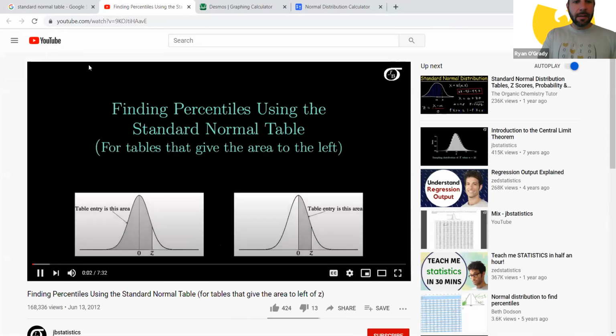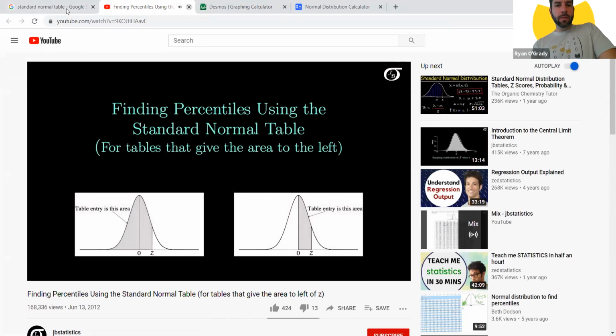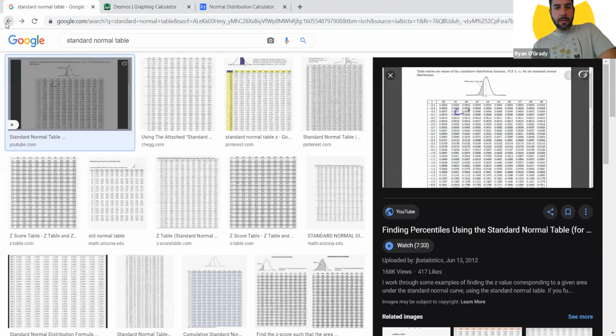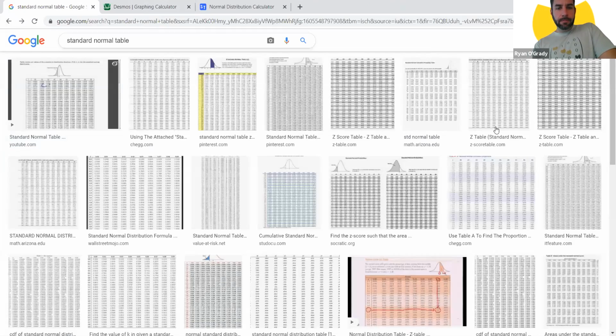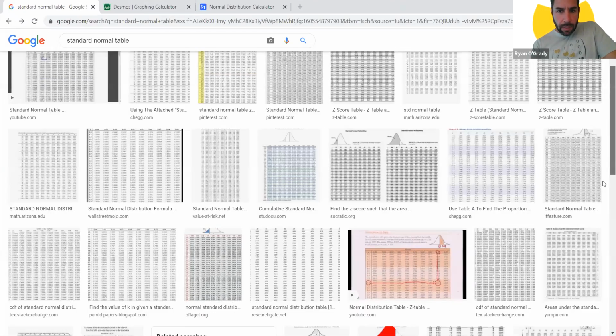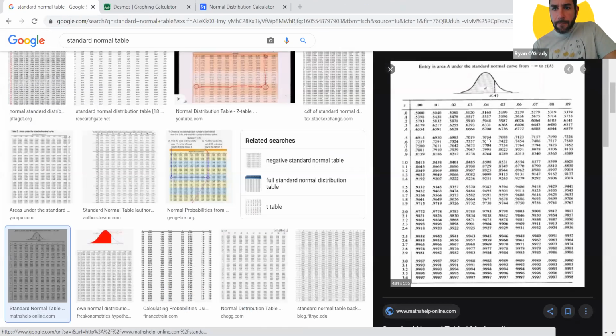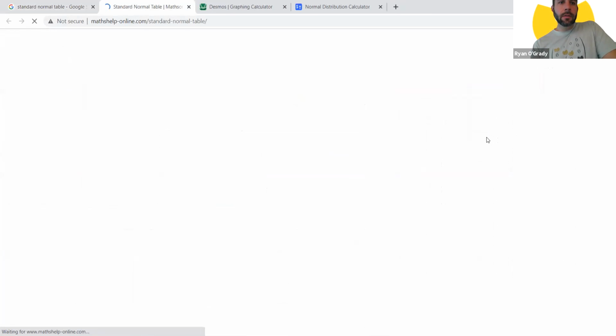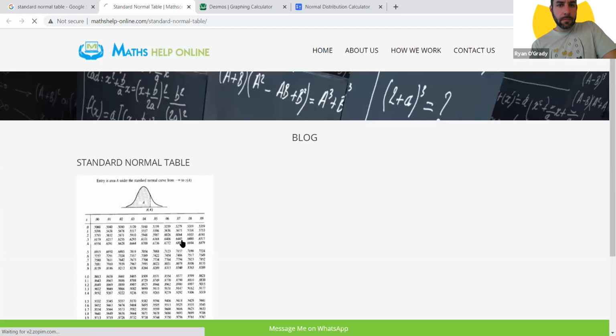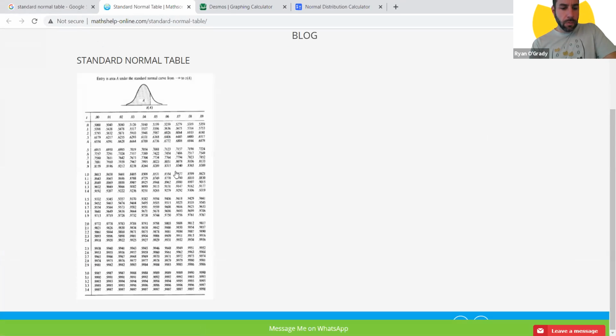What a time to be alive. Oh my God, look, this is a great resource, but we don't want that though. I want a table. I need a correct one. Does this one work? All right, here's one. Is it just gonna give me a PDF, or are you gonna take me to these stupid websites?